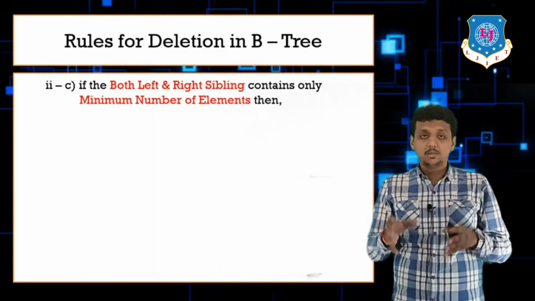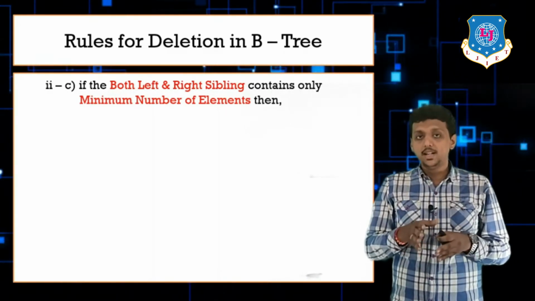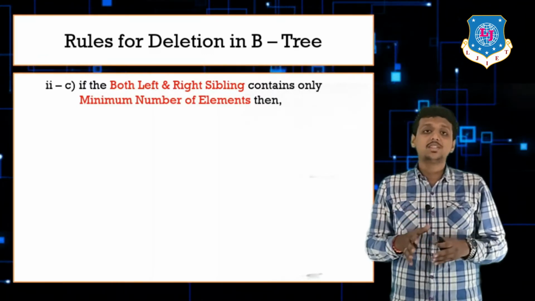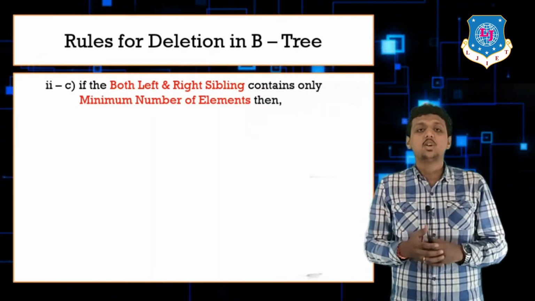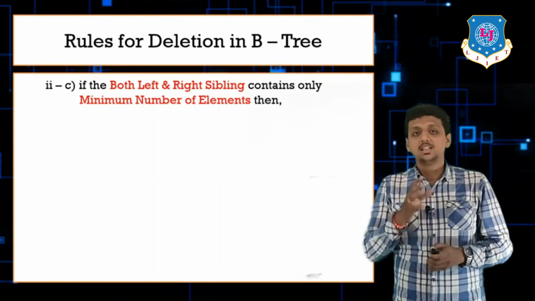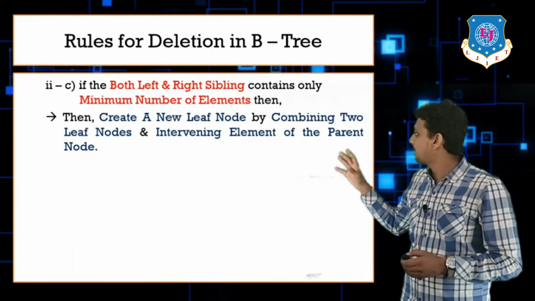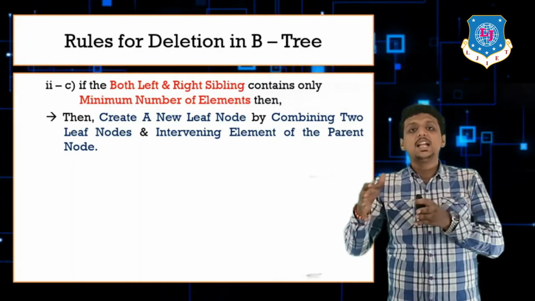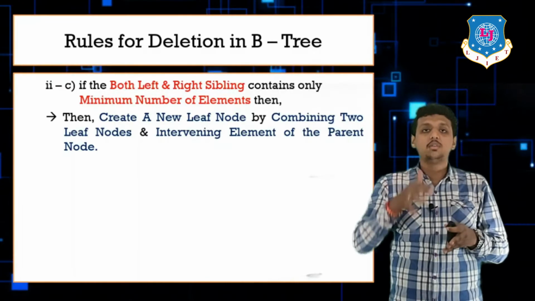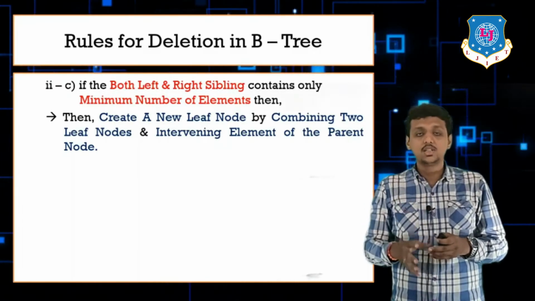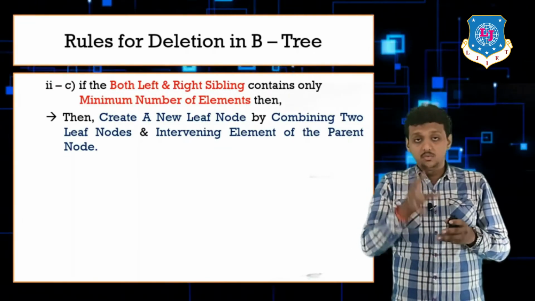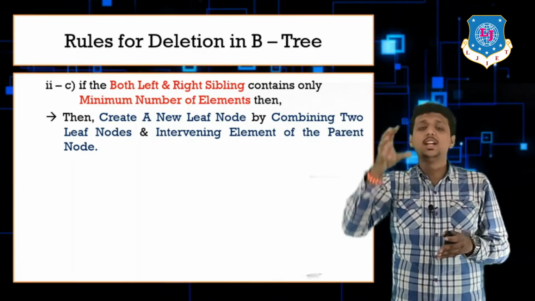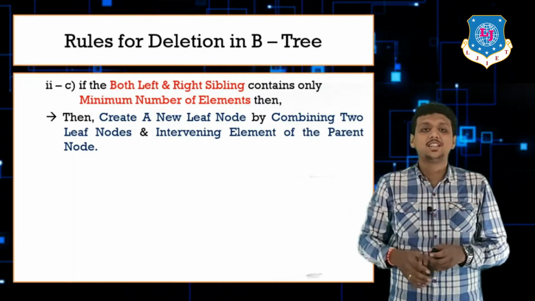That means firstly you depend on the values of the left sibling or right sibling, but now the scenario is that both left and right do not have the minimum number of key elements. Then what to do? Students, in such scenarios, you just need to merge or combine your node with the left sibling or right sibling and the intervening value from the parent node.